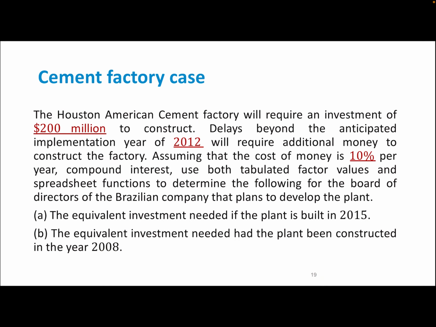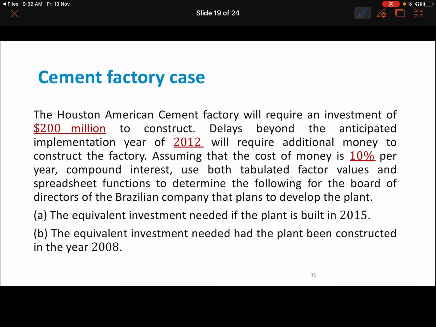Okay, let's get an example. A cement factory case. The Houston American Cement Factory will require an investment of $200 million to construct. So he needs $200 million now.